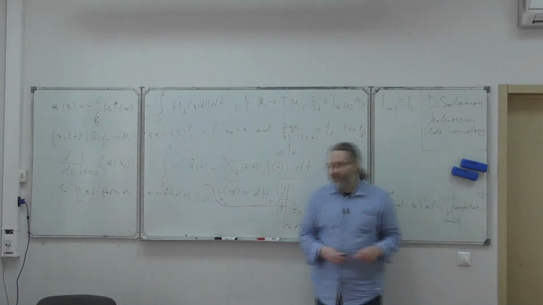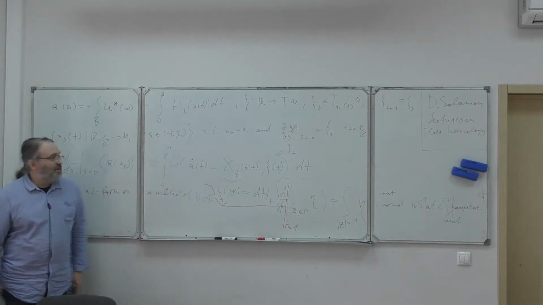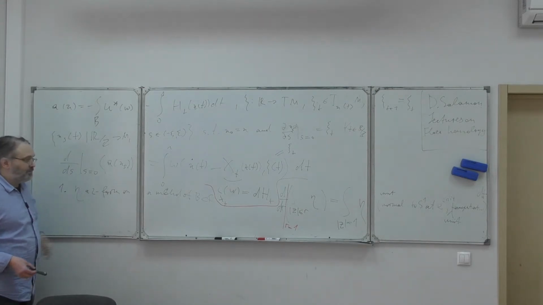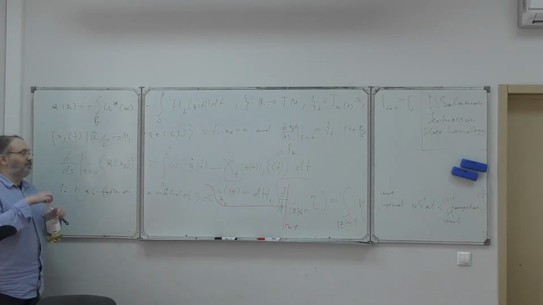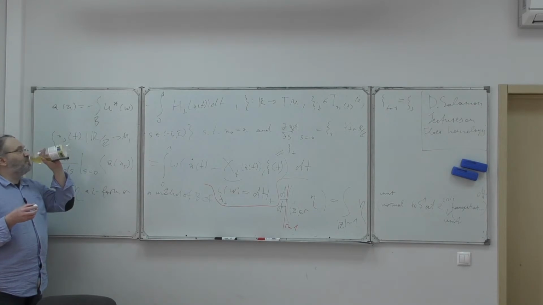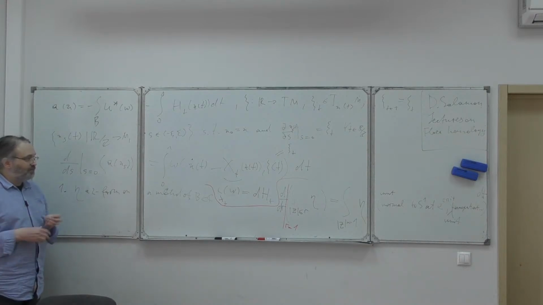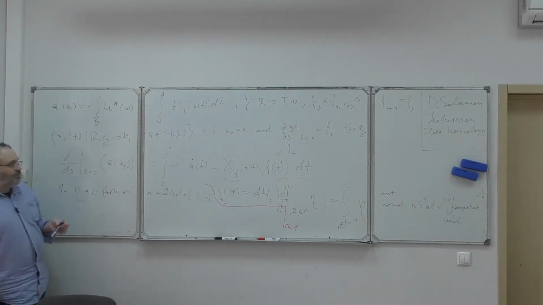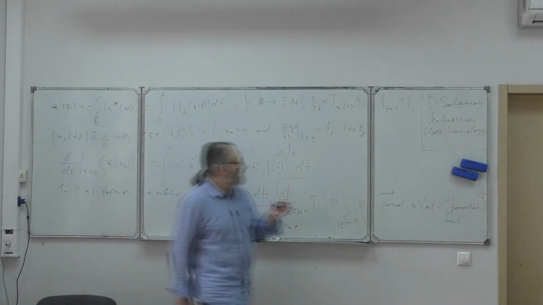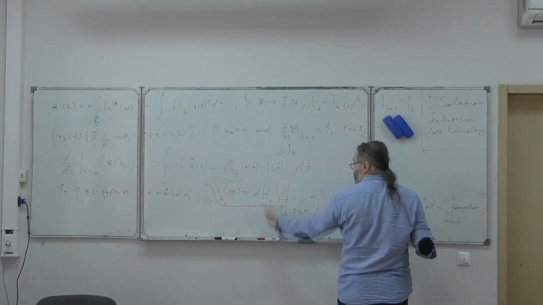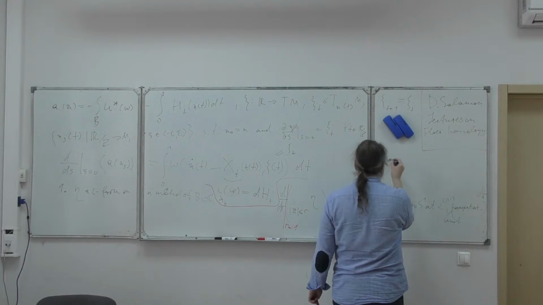Okay. Anyway, let's think a little. What Petya is saying is that instead of the circle, we need to consider a small rectangle.